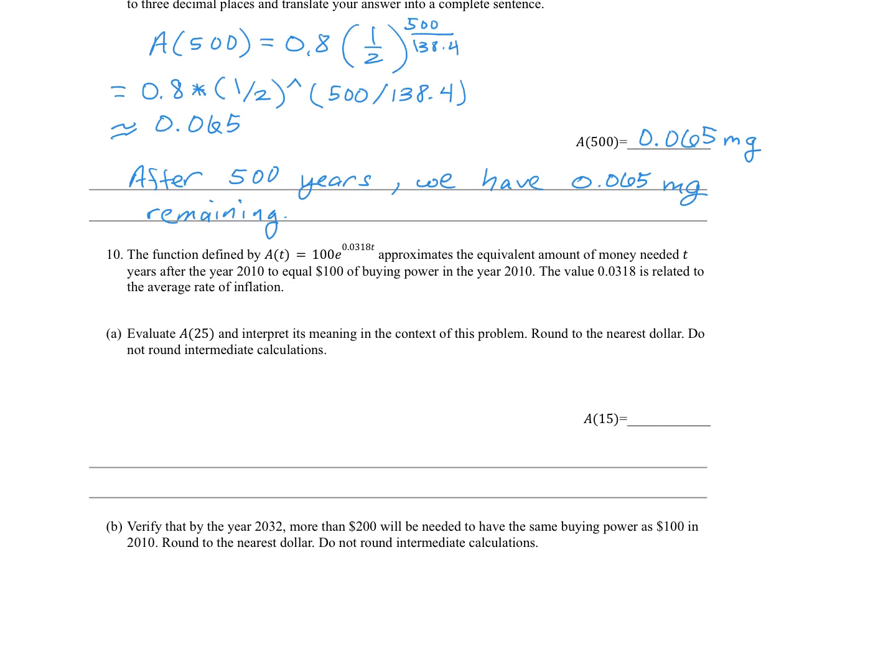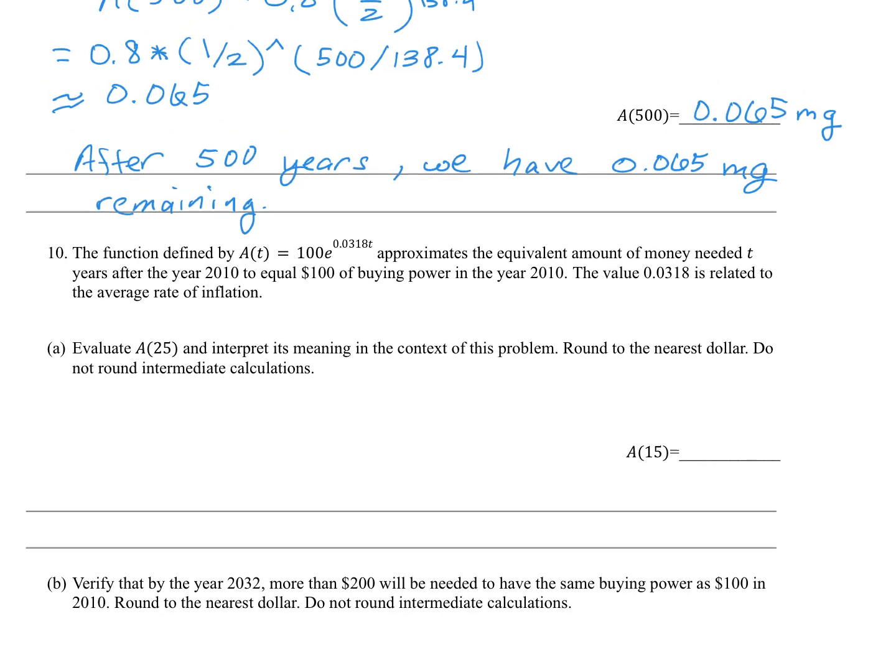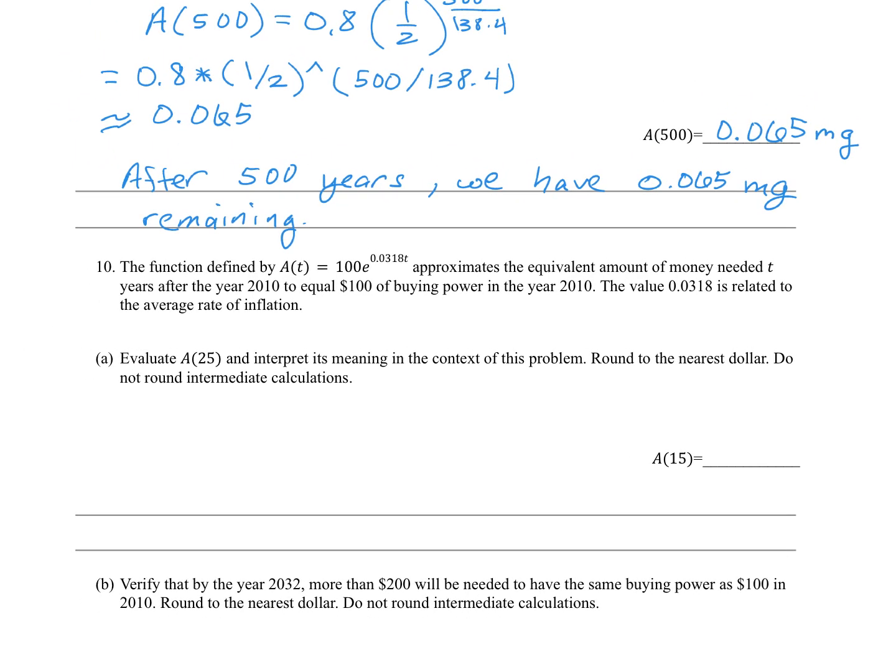Now let's take a look at problem 10. And this is a problem that models inflation. The idea is that in the year 2010, if you had $100 of buying power, as time passes, that power goes down. That money is worth less. $100 back then is probably worth 90 now. Who knows?